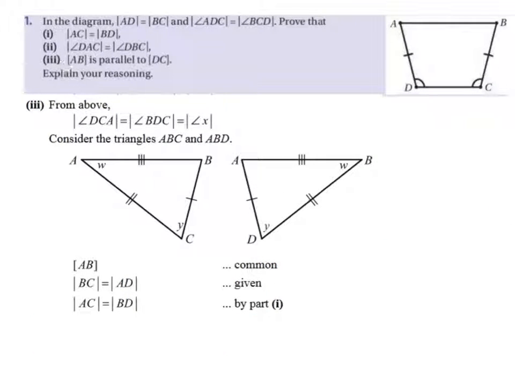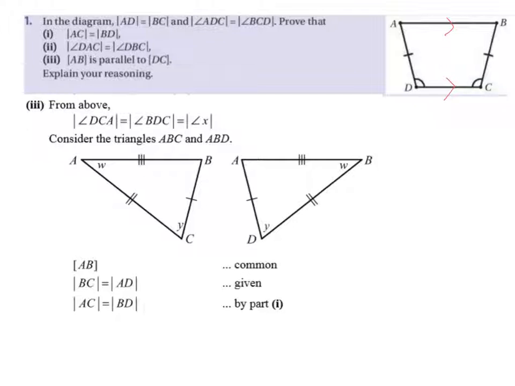So part 3, we have to prove that AB is parallel to DC. I've drawn in these two little arrows which represent parallel lines, and we have to explain our reasoning.